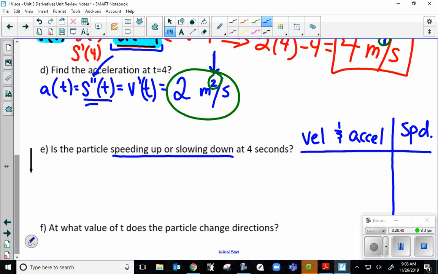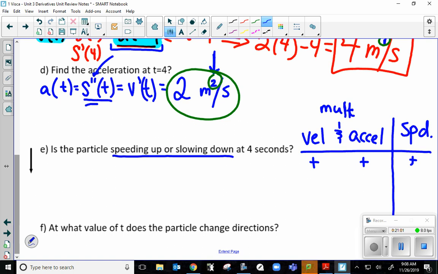They're called scalar. What does that mean, their relationship? Think of it like this. It's a lot like multiplication. If velocity is positive and acceleration is positive, speed is increasing.